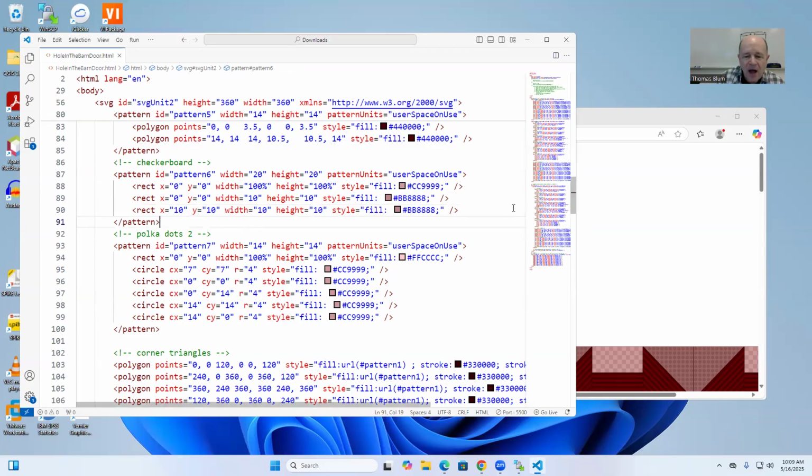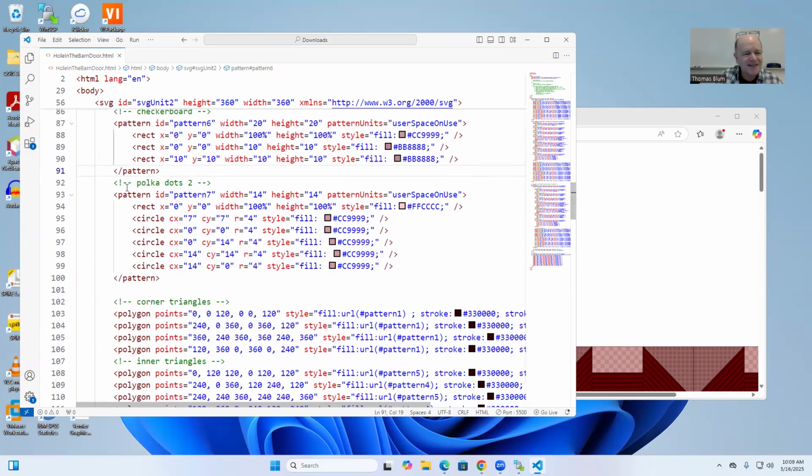Finally, I have my second polka dot pattern. Again, I'm making it larger, 14 by 14. I have the overall rectangle filling it with color. I have a center circle, so 14, 14, 7, 7.